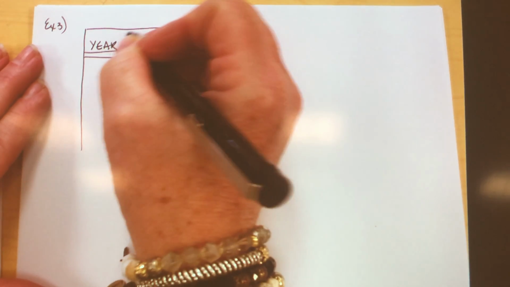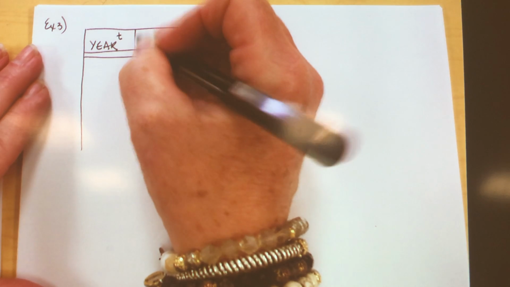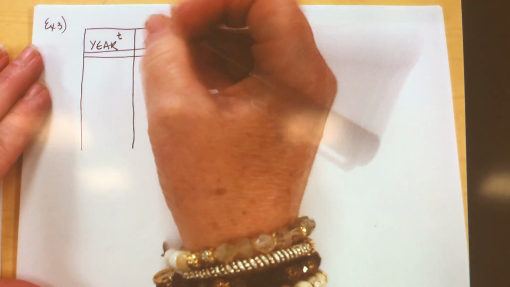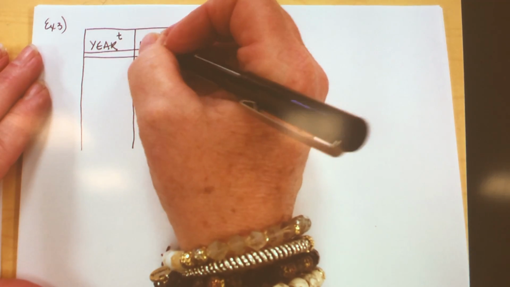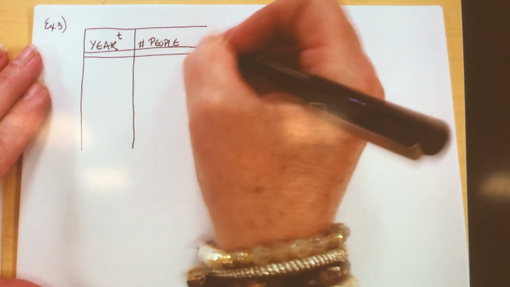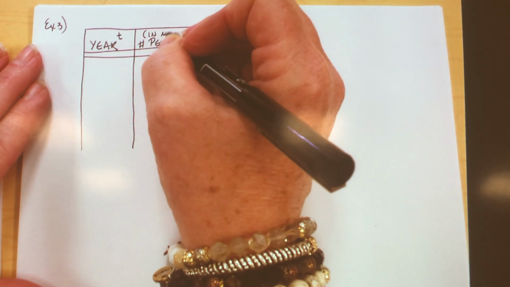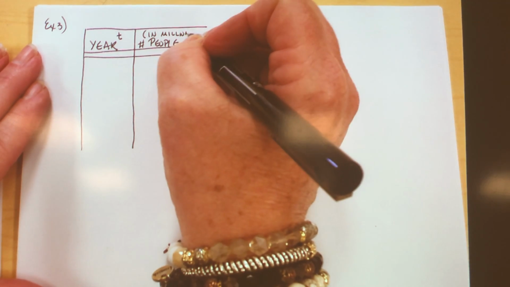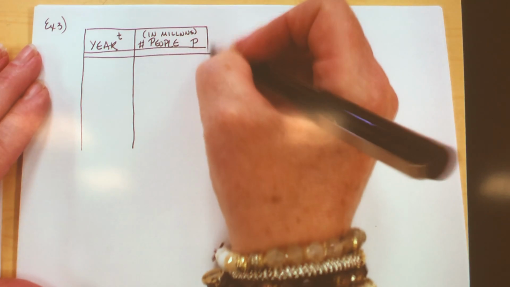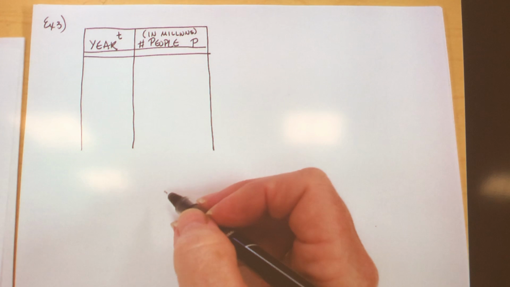That's going to be my time, T, and the right side of the chart is gonna give me the number of people. We're gonna call that P, and it is actually going to be in millions. Now that's important to know, isn't it? So I will call the chart out to you and you can write it down.